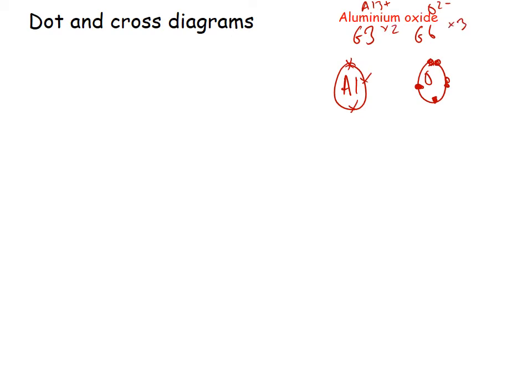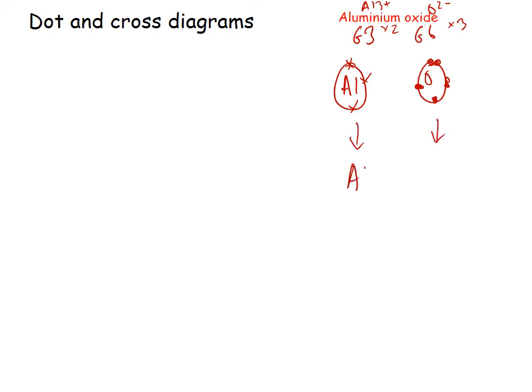So this method, times 1 by 2 and the other by 3, will come up in so many other different parts of chemistry, such as balancing equations and a few other things as well. So your aluminium and oxygen are going to form your ions.